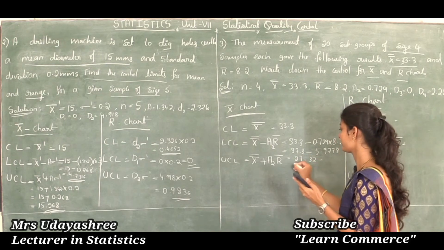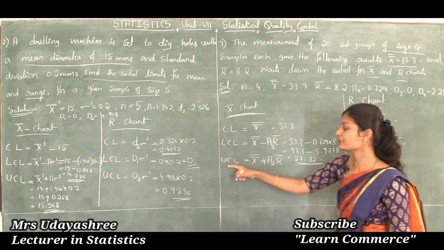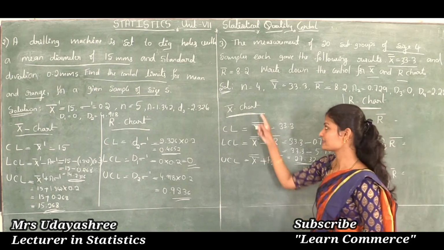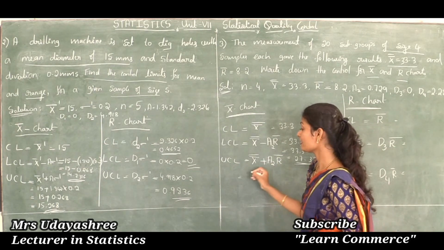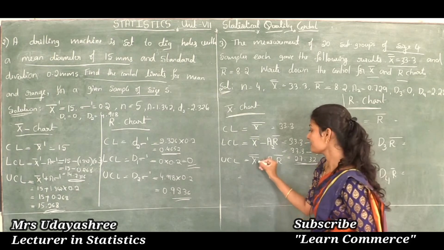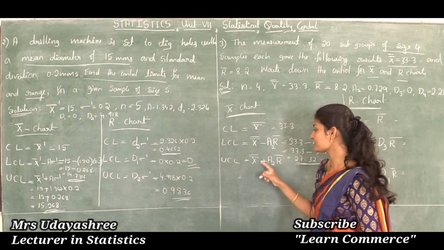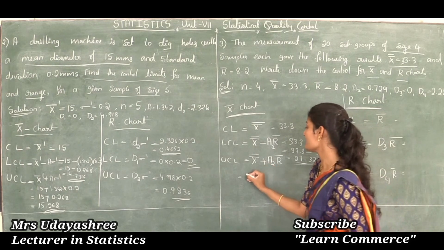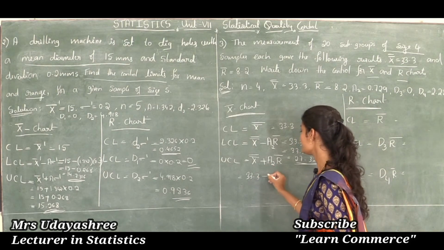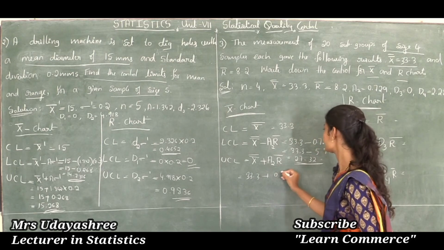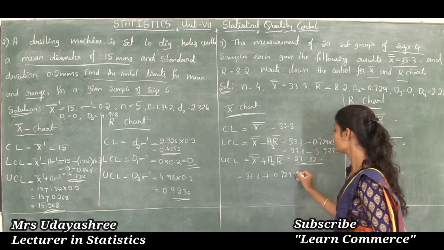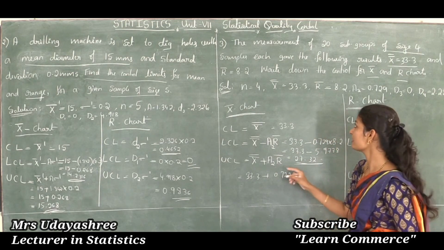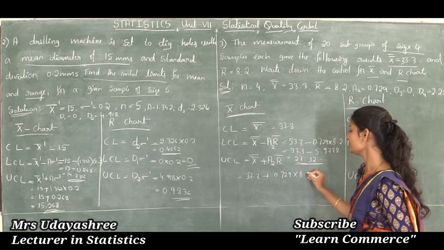Which is 27.32. Okay, next how to find the upper control limit in the X bar chart? In the standard unknown case, using this formula, that formula is X double bar plus A2 into R bar. Here the X double bar value is 33.3 plus the A2 value is 0.729 into R bar, the R bar value is 8.2.